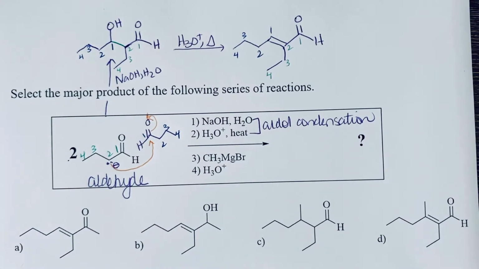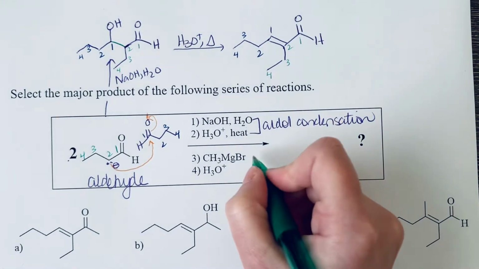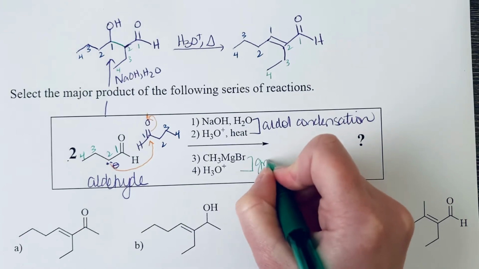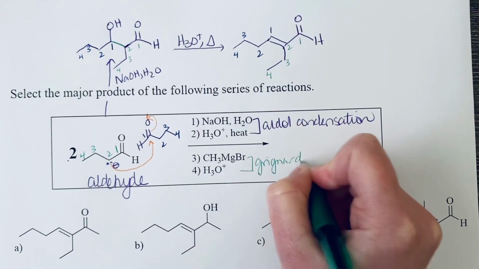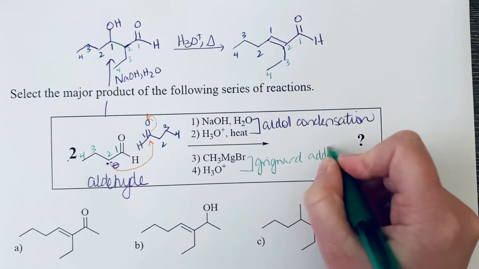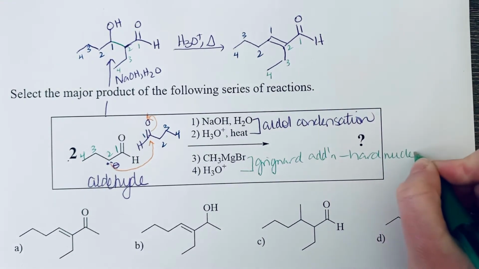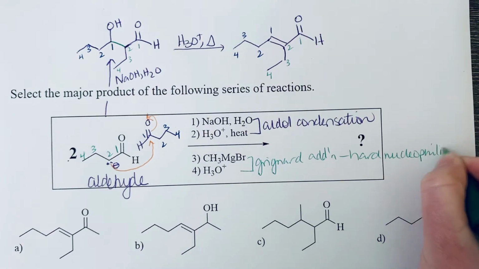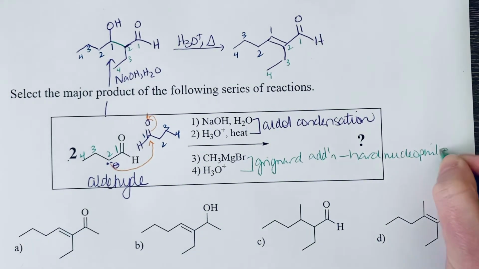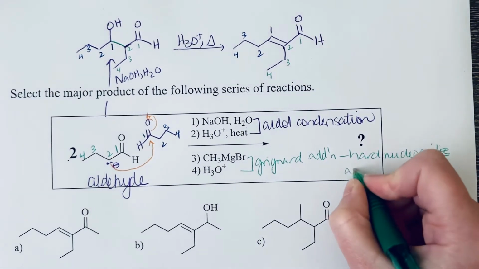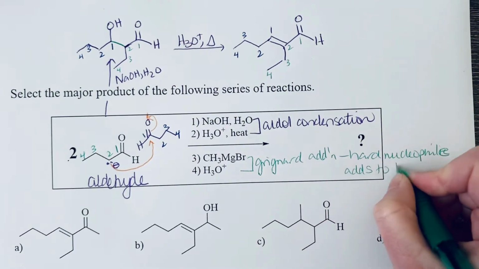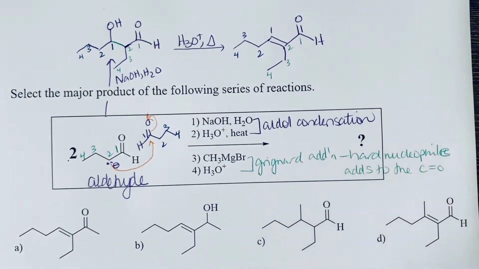And then our next 2 steps, we are adding a Grignard. So we're doing a Grignard addition. And your Grignard is a hard nucleophile. So that means it has a concentrated small charge. So it's a hard nucleophile. So this should add to the carbonyl. So we're going to add a Grignard to that carbonyl.